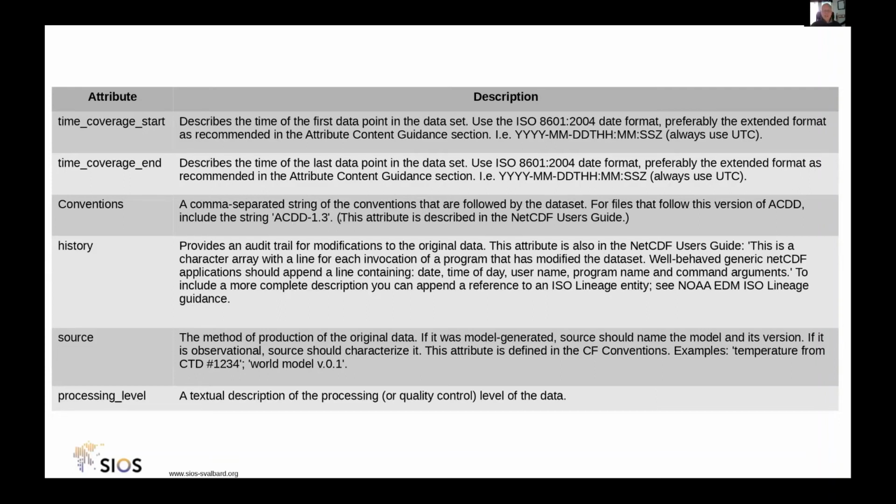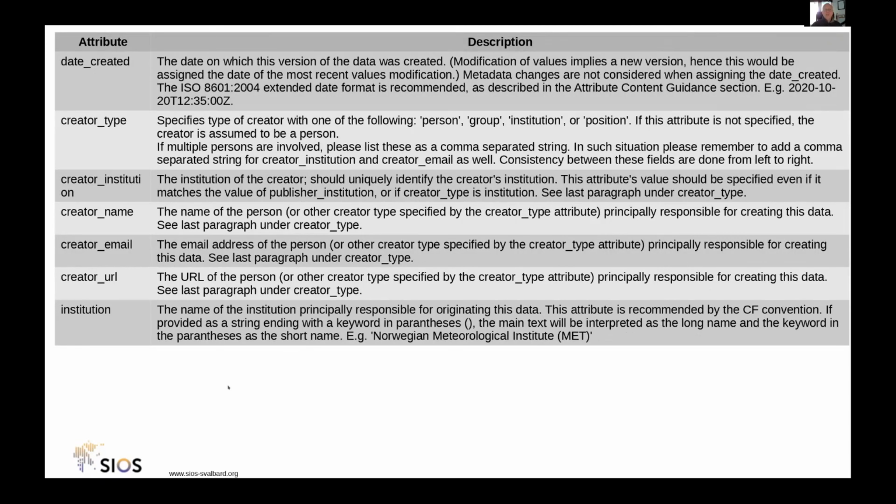So this can be a challenge for some checkers sometimes. History gives statements about the way that your dataset has evolved. Then source, processing level. These are not critical, but it's always good practice to have some information in there. It's the date created, the creator type.